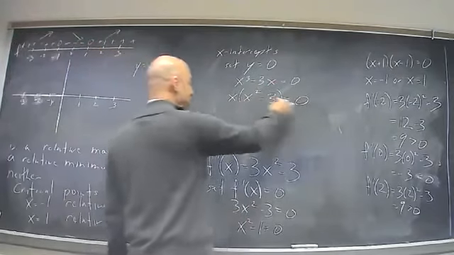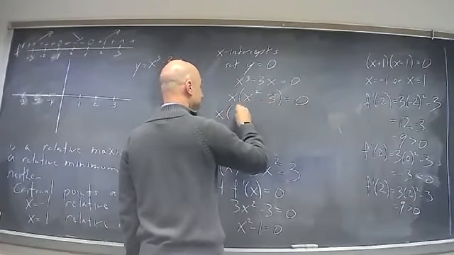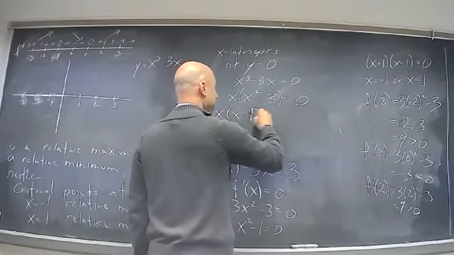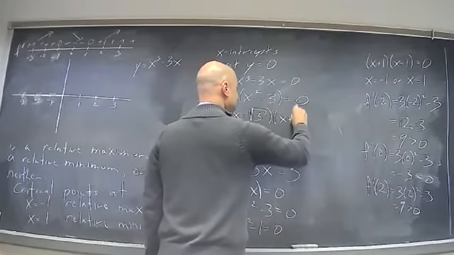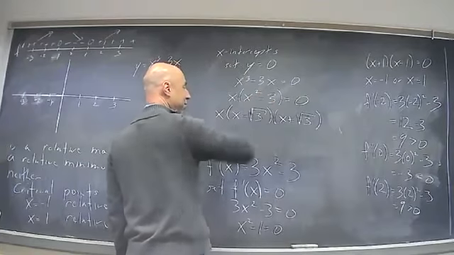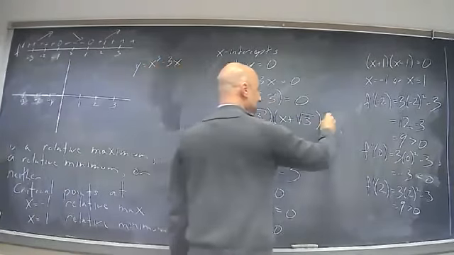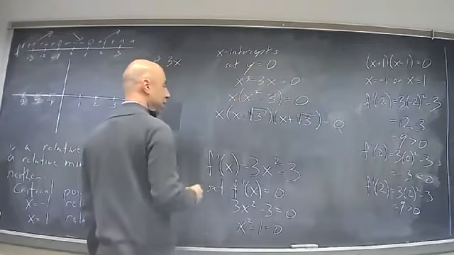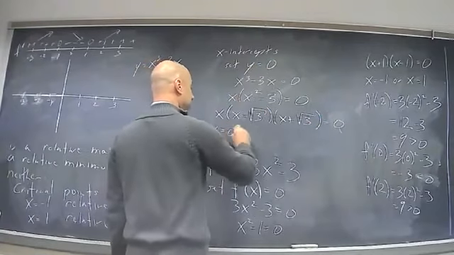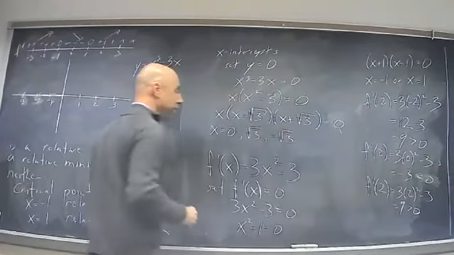I'm going to do a little bit more factoring. You don't have to do it this way. But I'm going to write x squared minus 3 as x minus root 3 times x plus root 3. Since it's kind of a difference of squares, if you think of 3 as the square of root 3, in which case x either equals 0, root 3, or minus root 3.